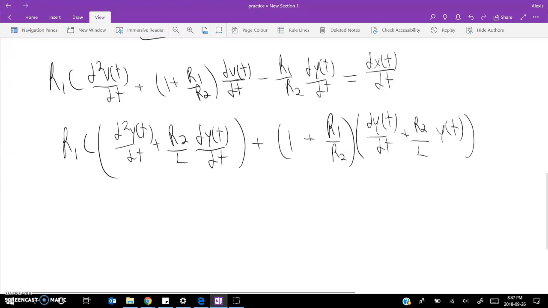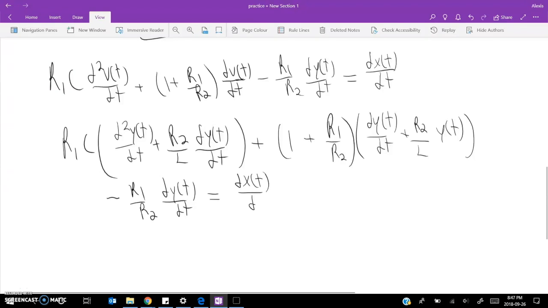And if we keep on going, we would then get minus R1 divided by R2 multiplied by the first derivative of y of t, and this would be equal to the first derivative of x of t.